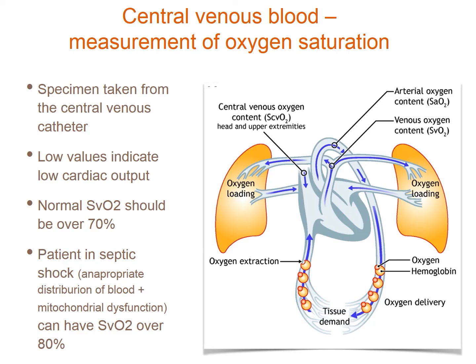It is very useful to insert the central venous catheter. You can infuse fluids and vasoactive agents and guide fluid therapy. What's more, you can measure the central venous oxygen saturation. The inadequate oxygen saturation in blood returning from periphery is one of the markers of tissue hypoperfusion.